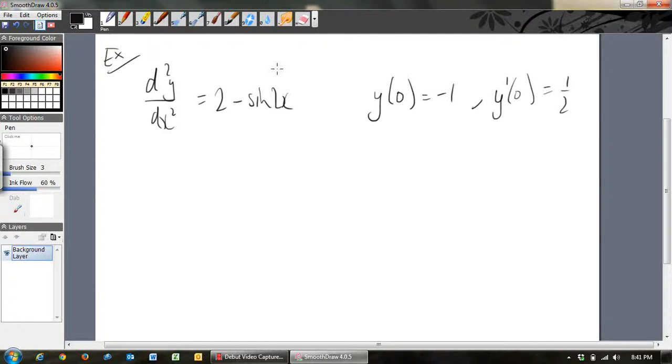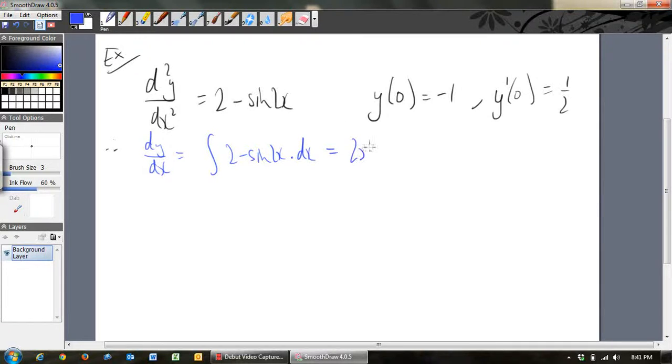So let's have a look at this. Firstly, let's find the general solution. So let's work through that. The second derivative is equal to this, so let's find the first derivative. dy/dx will be equal to the integral of 2 minus sine 2x dx. Right, what's that equal to?